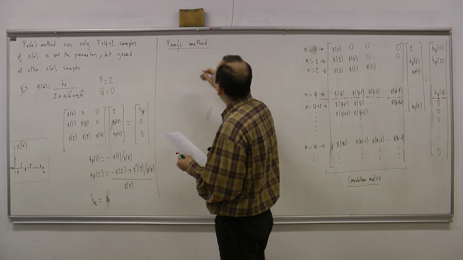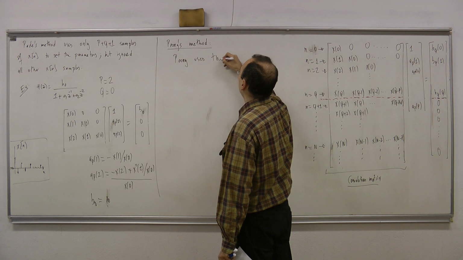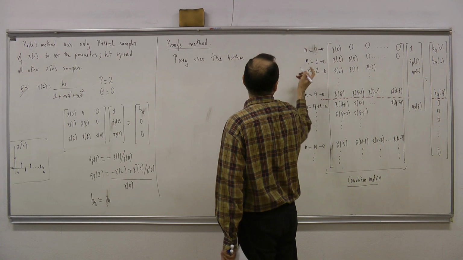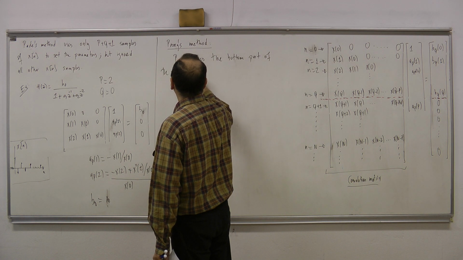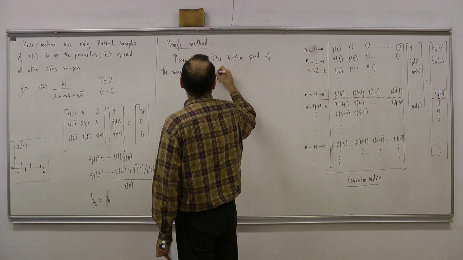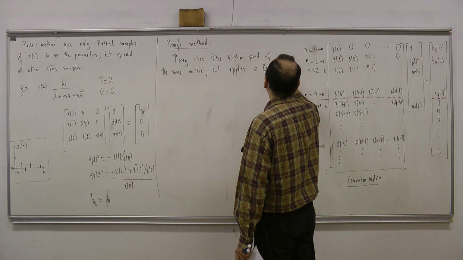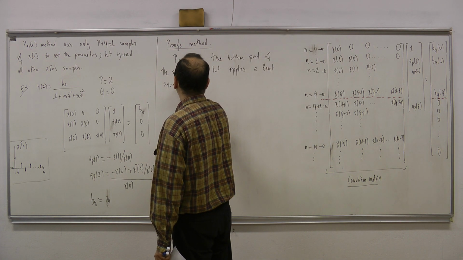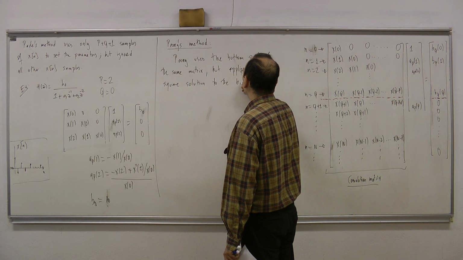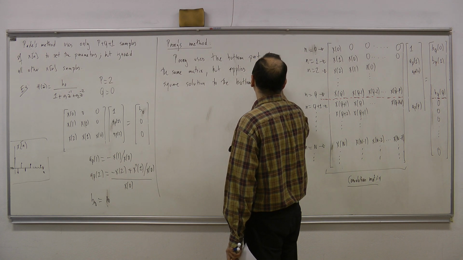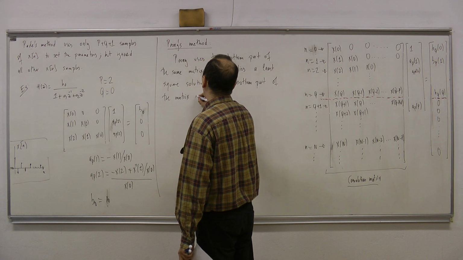So Prony uses the bottom part of the same matrix, but applies a least square solution to the bottom part of the matrix equation system.